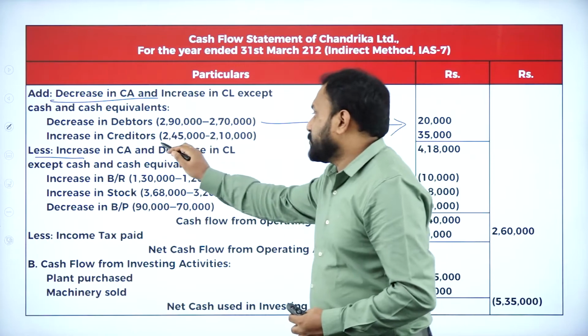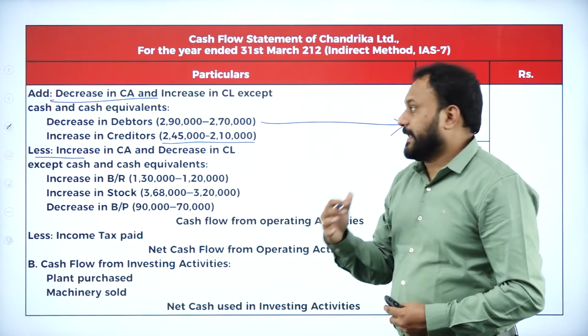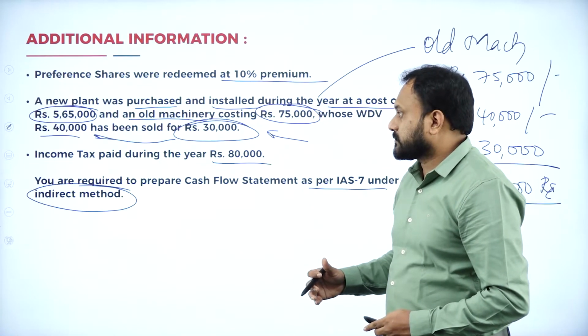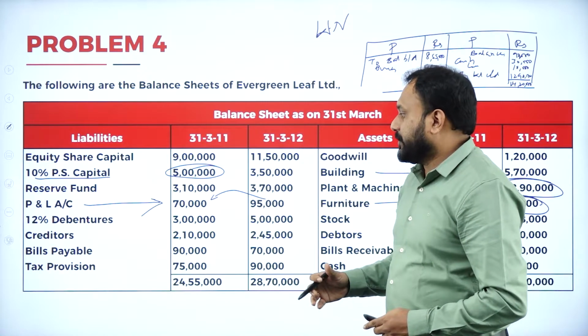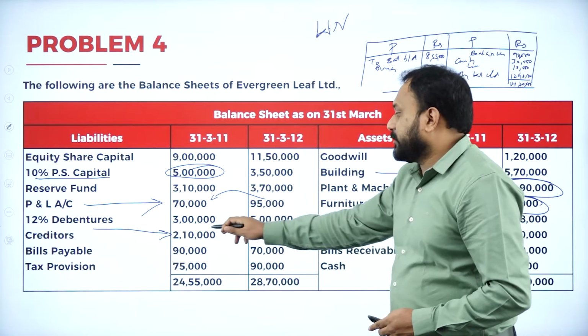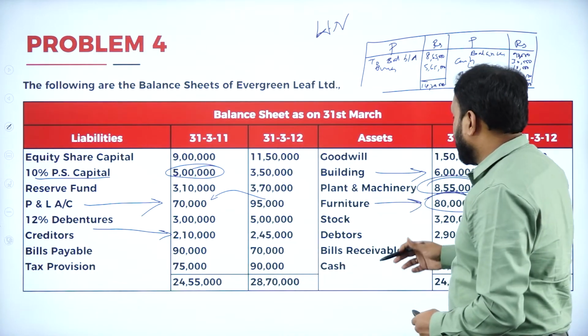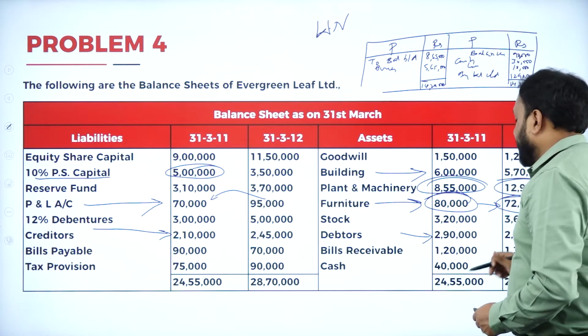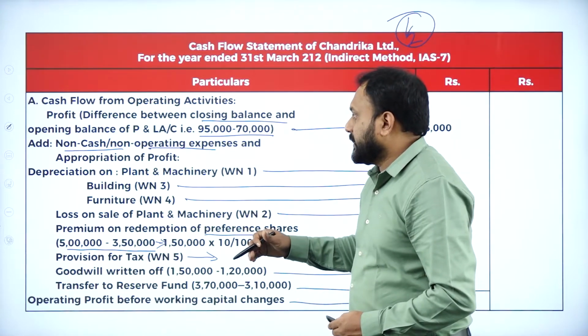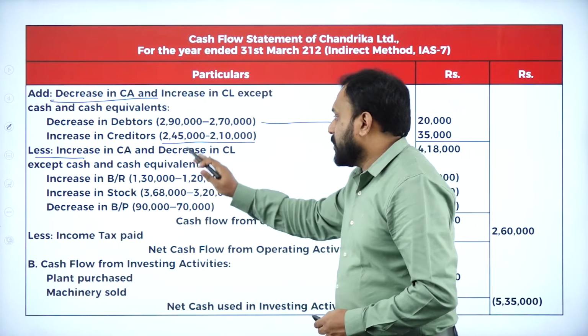Increase in creditors is 2,45,000 minus 2,10,000. See here, if you go with the question, we have the creditors, 2,45,000 and 2,10,000. The same way debtors, 2,90,000 and 2,70,000. Same way we are supposed to go with it. Here we have gone for that.